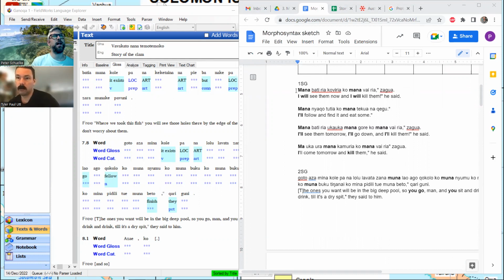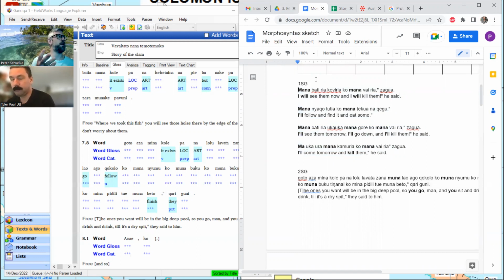I think a little differently, though I have organized very similarly; the difference is a hair splitting difference. Here I have organized all the examples of mana without any glossing. I just put them in a little Word doc. It's tedious work, so I didn't want to put this in the video.